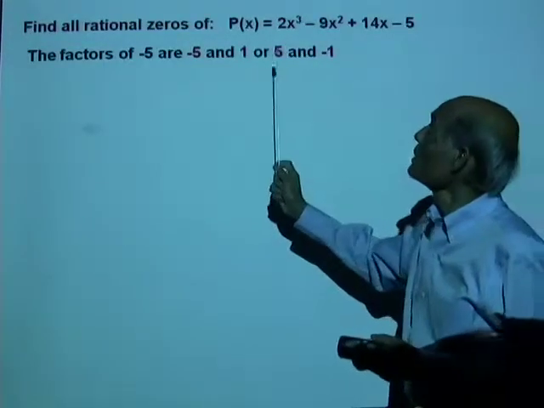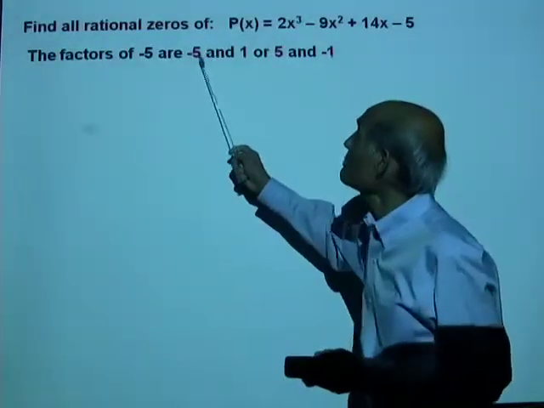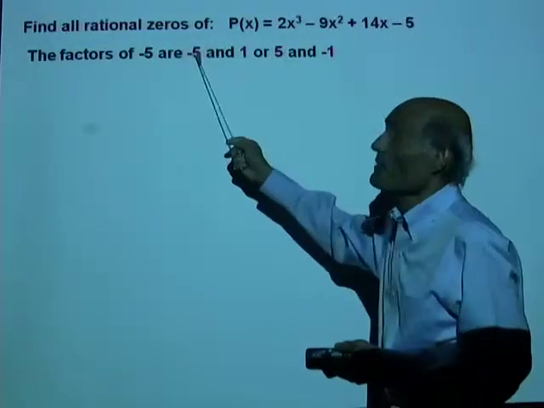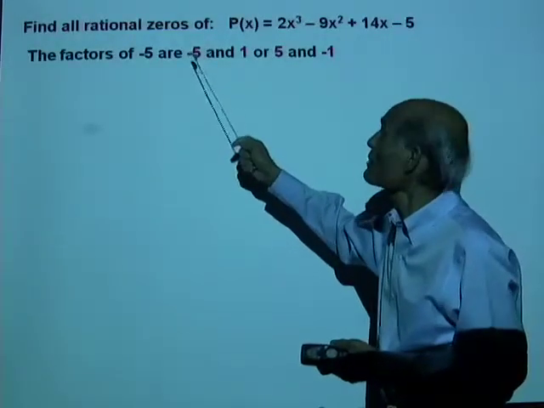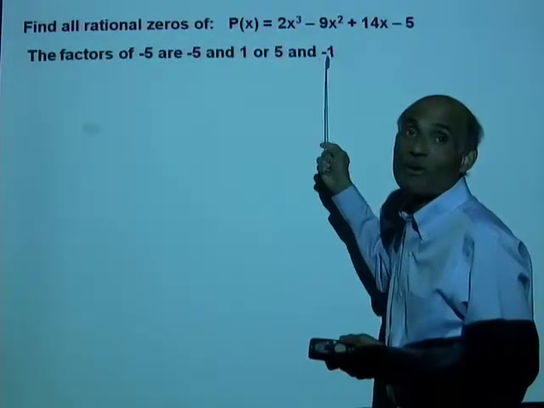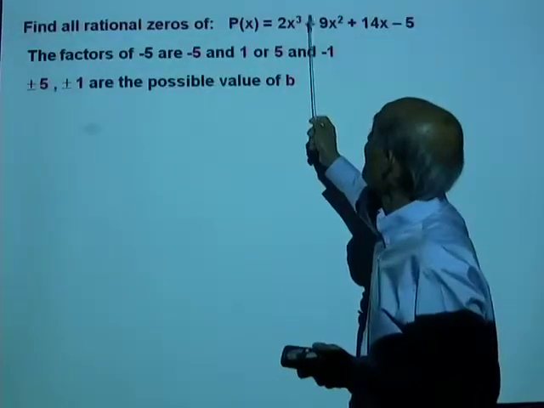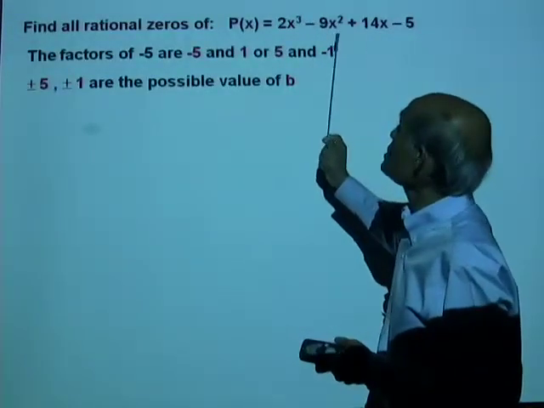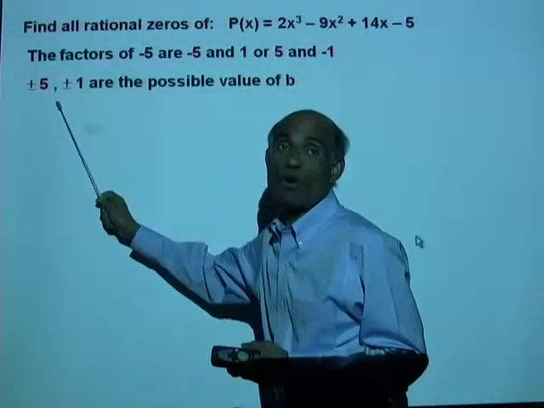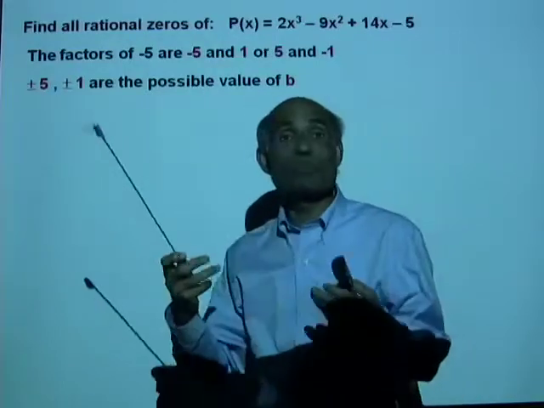Now that means the numerator of the rational zero must be an integer factor of that constant term. That means the numerator of the rational zeros can be negative 5, it can be 1, it can be 5 or negative 1. So plus or minus 5 or plus or minus 1 are the possible values of b.